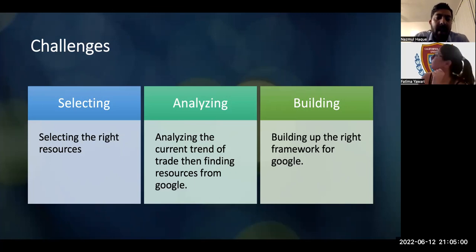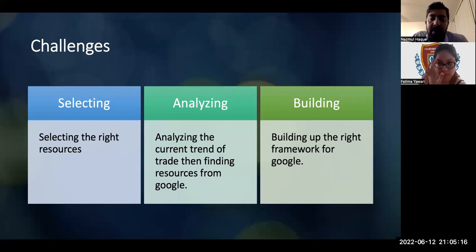Then analyzing the current trend when finding resources from Google, because most of the time we read books from Google and also journals and newspapers. That's how we get the information.